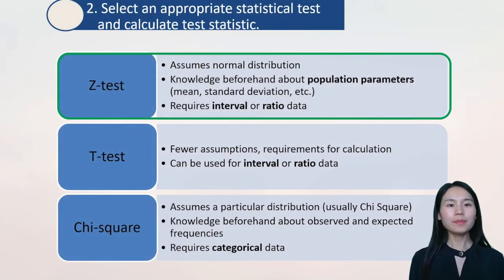The second step is to select an appropriate statistical test and calculate test statistics. Here, since our question states that it is a normal distribution, and we already know the population parameters, including the mean and standard deviation, and our data type is ratio, we choose the z-test.